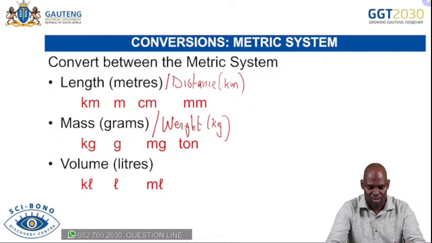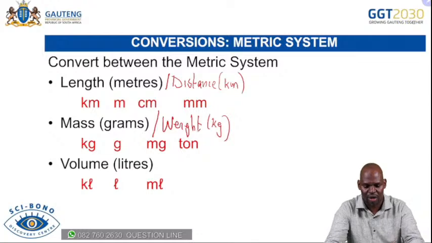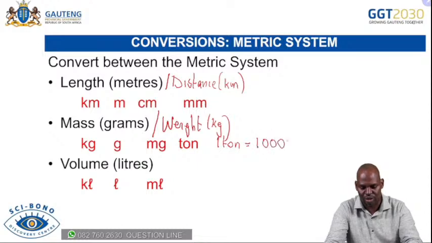Remember, a ton is when you have a very, very big weight. So in simple terms, 1 ton is roughly 1,000 kilograms.